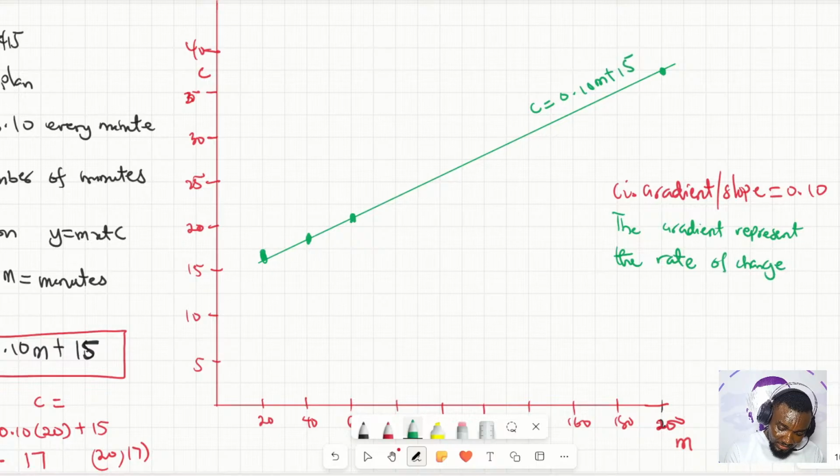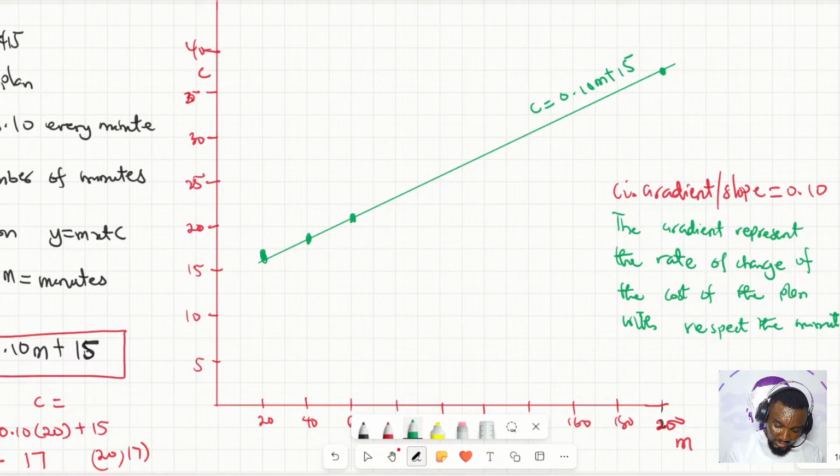You realize that when the m changes, in respect to the gradient, it affects the c. So it represents the rate of change of the cost of the plan with respect to the minutes.